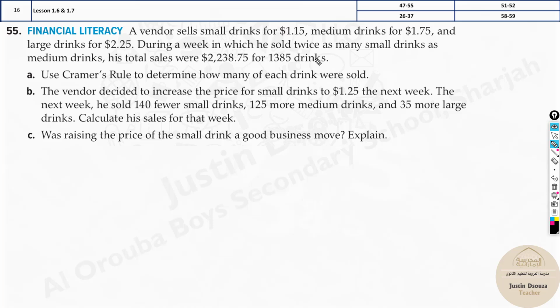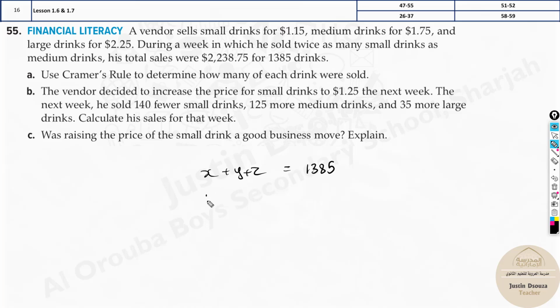Now here what have they told us? The total drinks were 1,385 in a week that were sold. So x plus y plus z, or you can take it as a, b, c, or say small drink S, M, and L, anything. So this is the first equation.